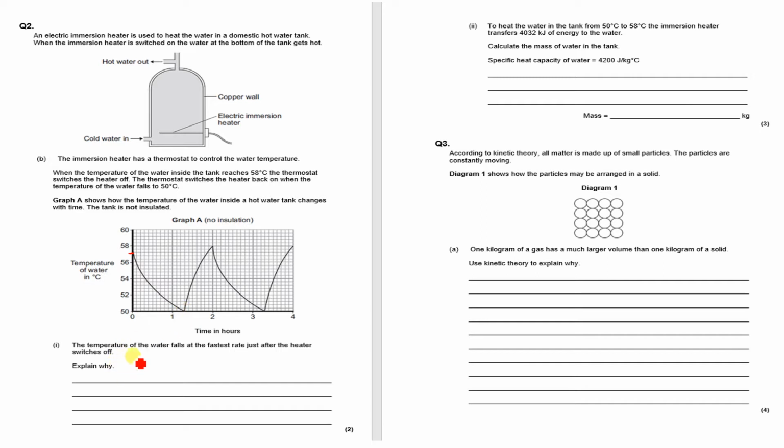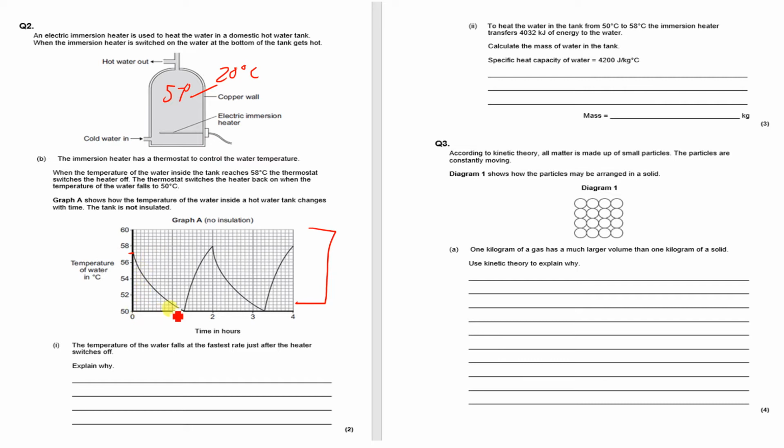So it's asking us to explain why the temperature rate of change is greatest at the start. Now the reason for this is the greatest emission of radiation is going to be when there is the greatest temperature difference. So it's the temperature difference between this and the outside air. So let's imagine the outside air, which is outside this heater, is 20 degrees C. Well, at the beginning, it's 57 degrees C. So the difference between those two is 37 degrees.